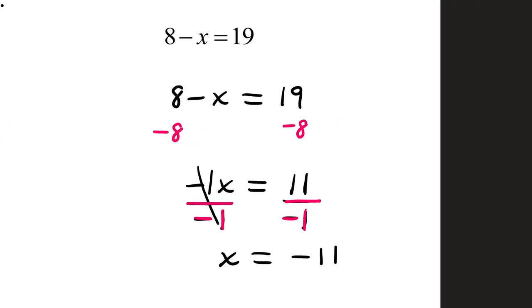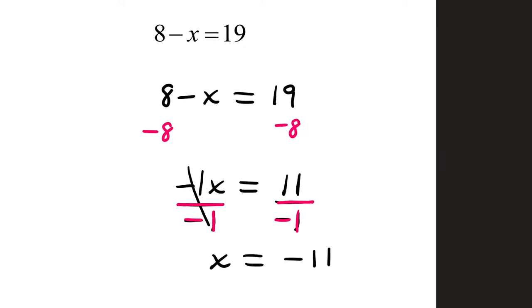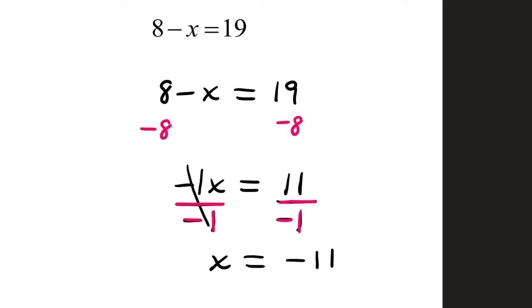In our other equation, 8 minus x equals 19, we have a variable term and two numerical terms. In class, you guys suggested we move the 8 over, and that's a good move. If we take 8 off of both sides of the equation or the scale, it remains balanced.